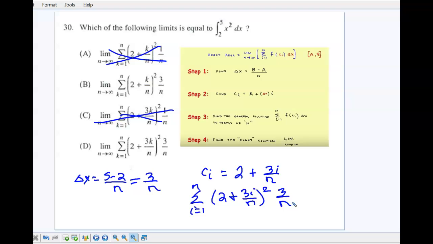Now they use k instead of i, it's the same thing, but if we take a look to see which one of these matches up, the answer that matches up would be D because they're missing the 3 in answer B.